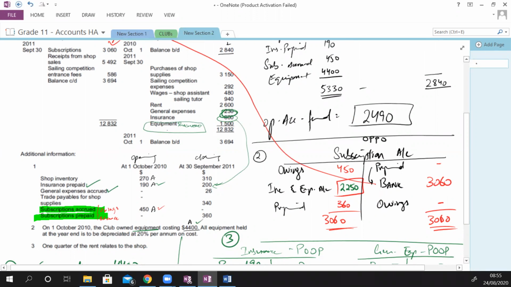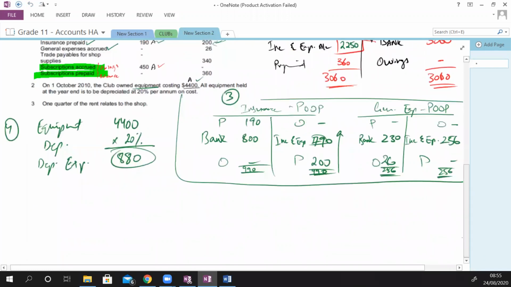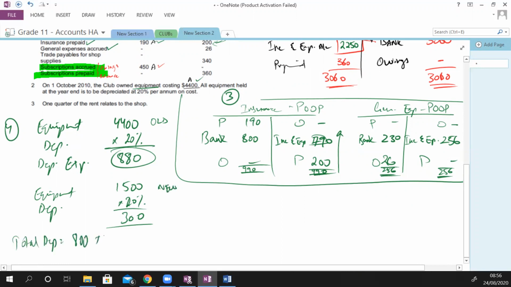This is the value of equipment that we have purchased during the year. ठीक है, तो हम इसमें ये भी कर सकते हैं कि this was old, तो equipment new purchase was 1500, depreciation is 20%, which is 300. ठीक है, this was new, so total depreciation 800 plus 300, 880 plus 300 is 1180.